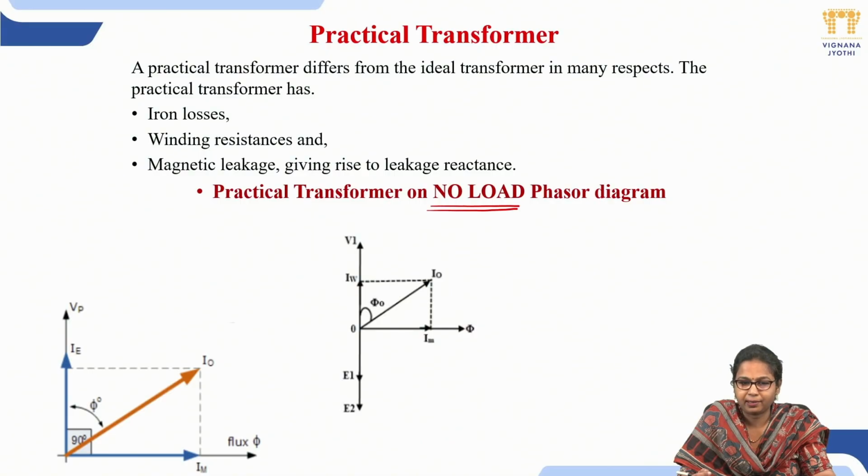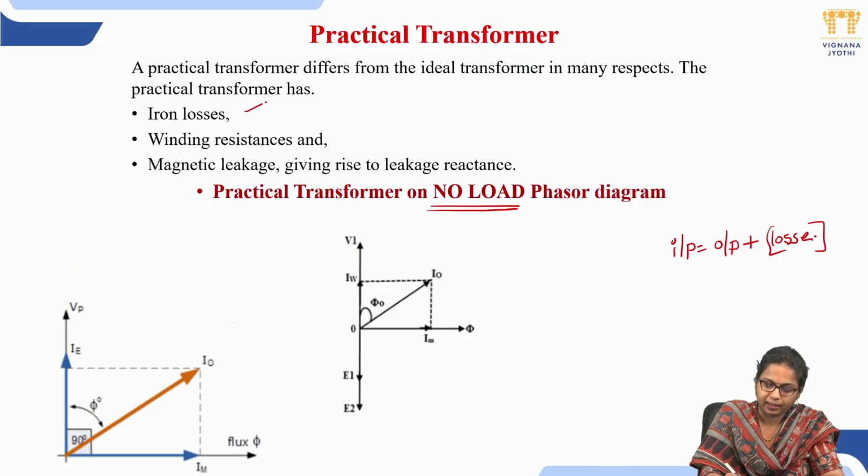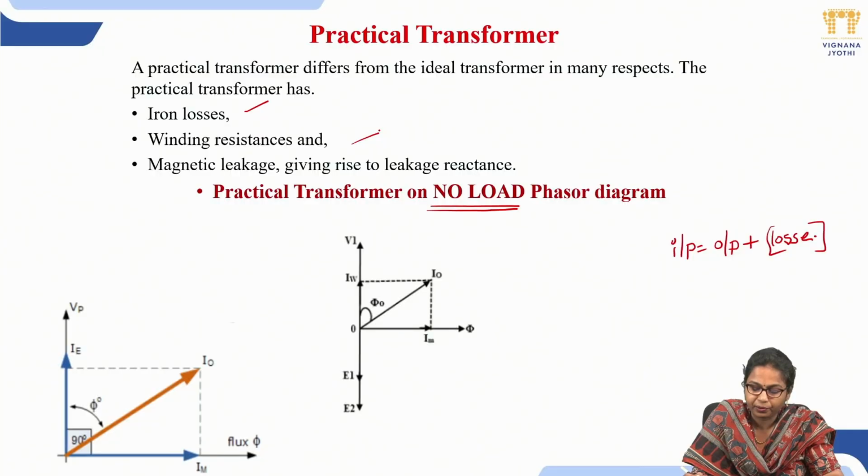So definitely primary resistance R1 will exist and secondary resistance R2 will also exist. And 100% efficiency is quite impossible because input will always be equal to output plus some kind of losses. So these are iron losses, the winding resistance, and magnetic leakage, which gives rise to leakage reactance.